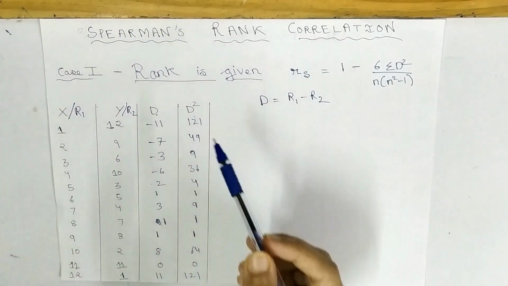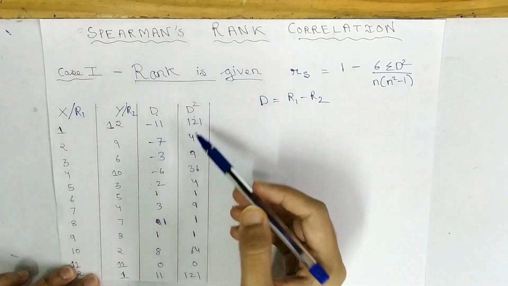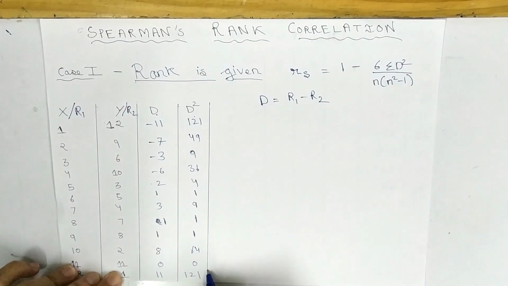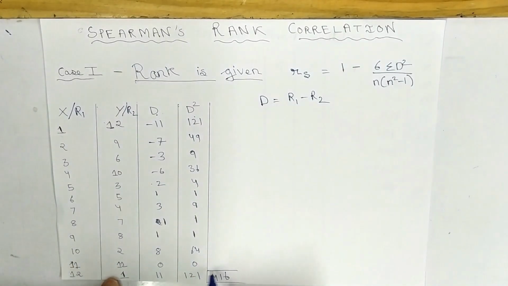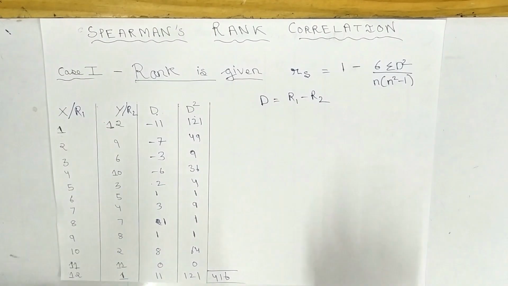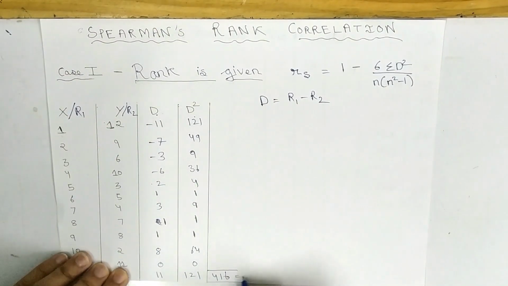Now we have to add all the numbers of this column. The total is 416. You have to write it at the bottom of this column. I have no space here, so I am writing this total here. This is our sigma D square.